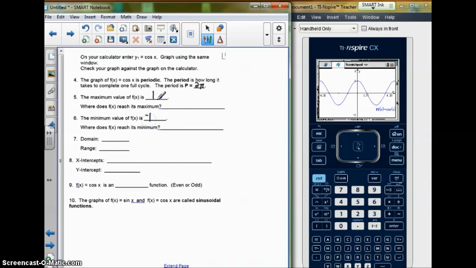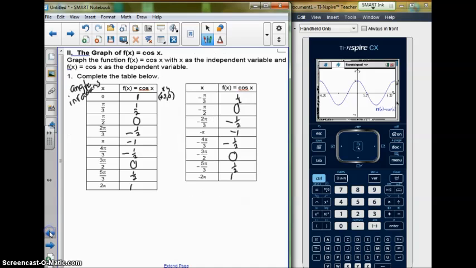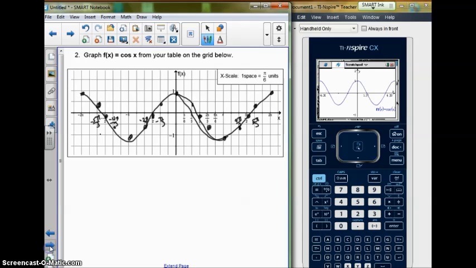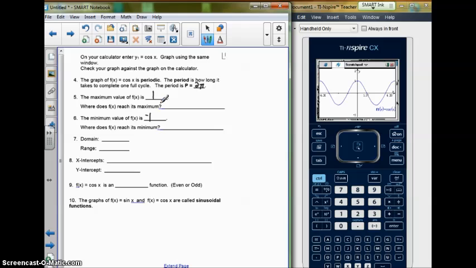Where does it reach its maximum? Let's go back. It reached 1 at 0, and at 2 pi, and at negative 2 pi. So at 0, 1; 2 pi, 1; and negative 2 pi, 1.